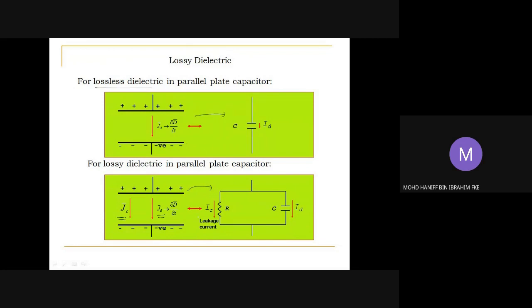If we consider the case of a capacitor with a perfect dielectric, we have agreed that the displacement current and the voltage across the capacitor are 90 degrees apart.